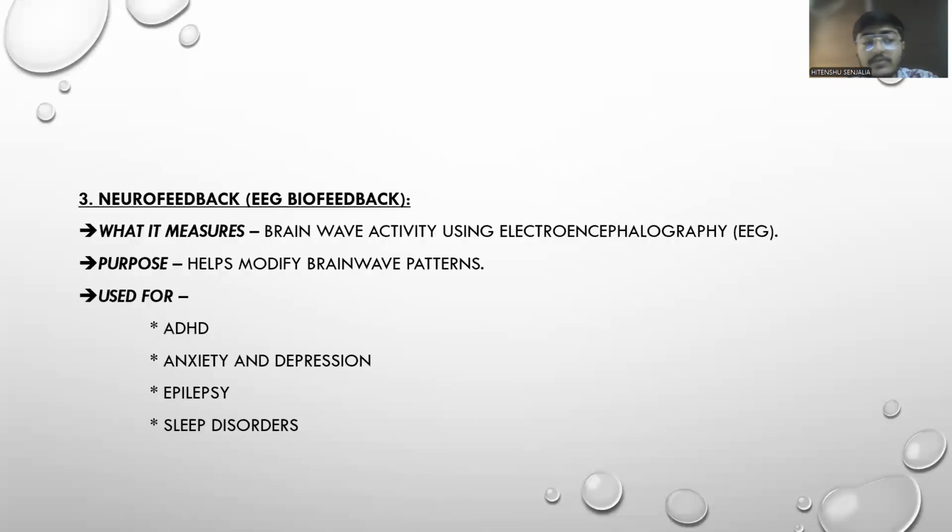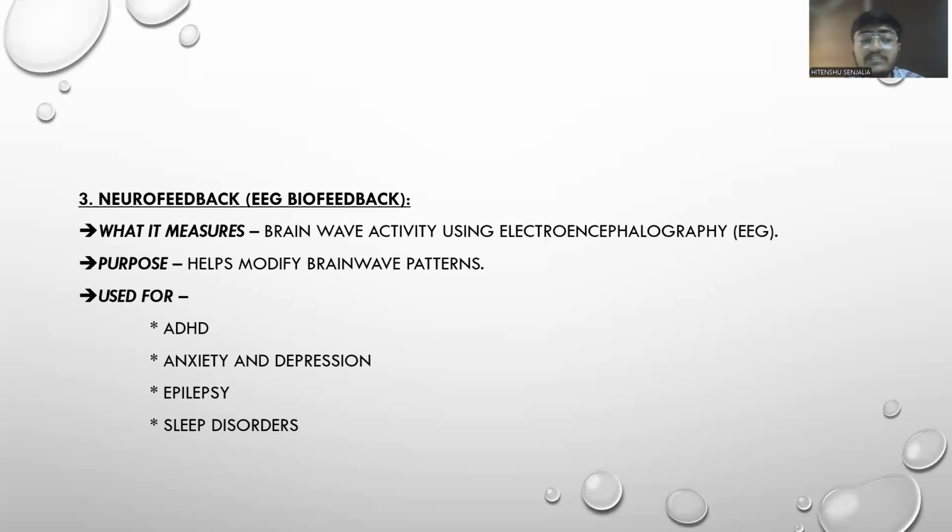Now the third biofeedback is neurofeedback, which is also included in EEG. The measurement in neurofeedback is brain wave activity, the activity in the brain. In the EEG, the brain activity will be measured by sensors in the EEG machine.